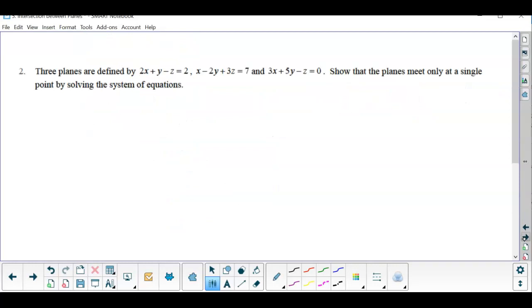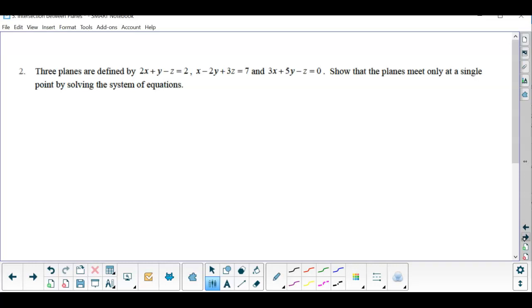Now we're doing 3 planes. Show that the planes meet only at a single point by solving the system of equations. You actually are told. Okay? Things to look at before you even, if you weren't told, are the normals of each plane, right? Because if they're parallel to each other, then you know it either has infinitely many solutions or none.